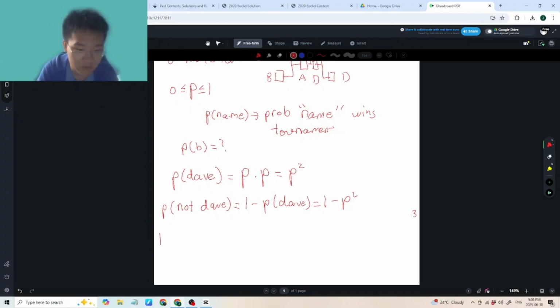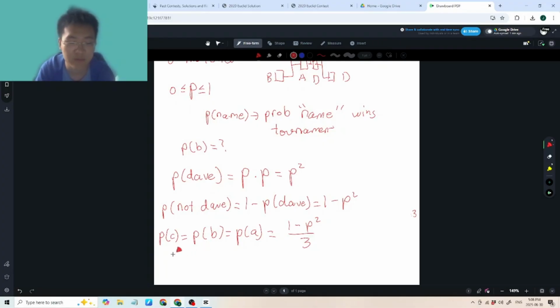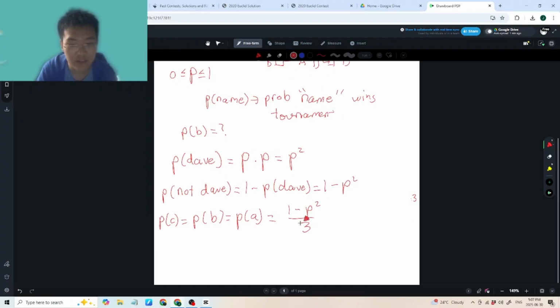So from this, we know that PC is equal to PB, which is Bianca's probability, is equal to PA, which is equal to 1 minus P squared divided by 3. The probabilities of any one of these 3 people winning the tournament is equal. Now, we have our answer: the probability that Bianca wins the tournament is 1 minus P squared divided by 3.